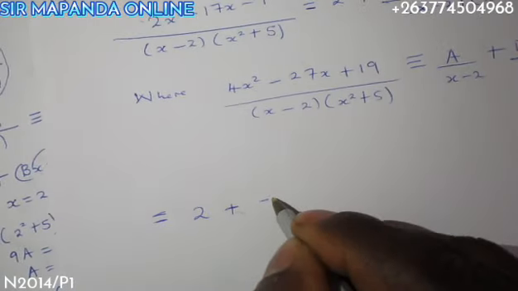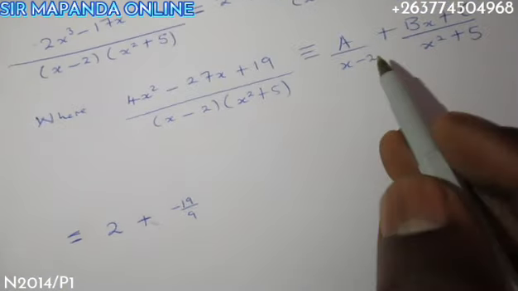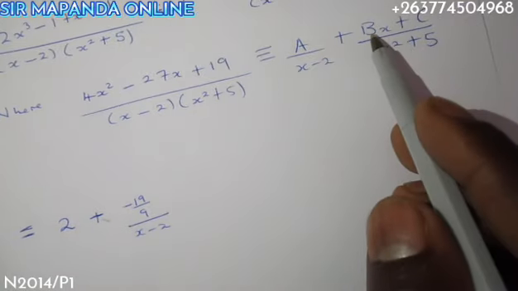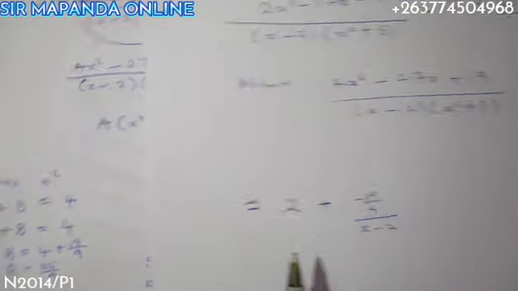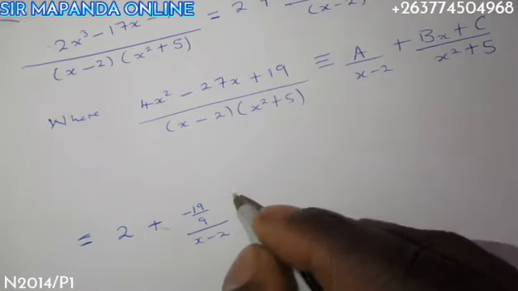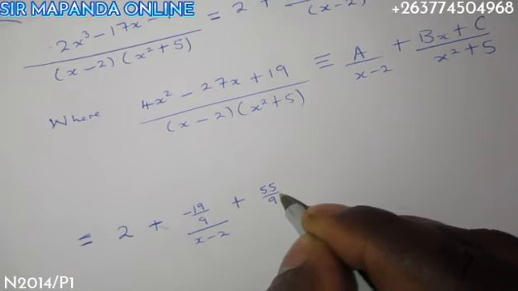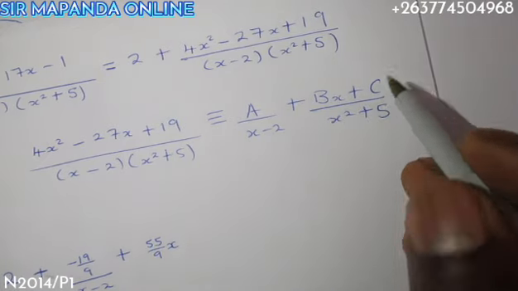So I'm going to write minus 19 over 9 divided by x minus 2. Then we move on to b. B is 55 over 9. So you say plus 55 over 9 x. There is x here in front of b. Then how about c?